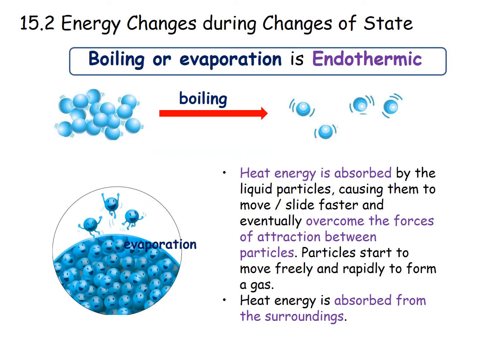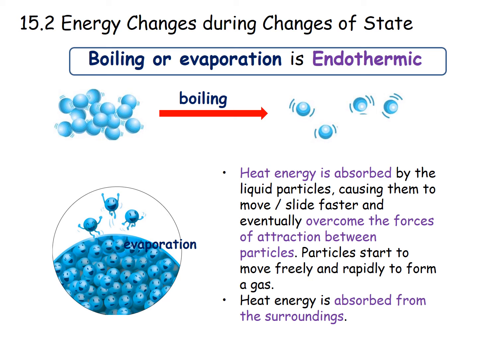Changes of state such as boiling and evaporation are also endothermic. Liquid particles have lower energy than particles in steam or water vapor. When water boils, it must gain enough heat so that the particles gain enough energy to move randomly at high speeds at the boiling point.